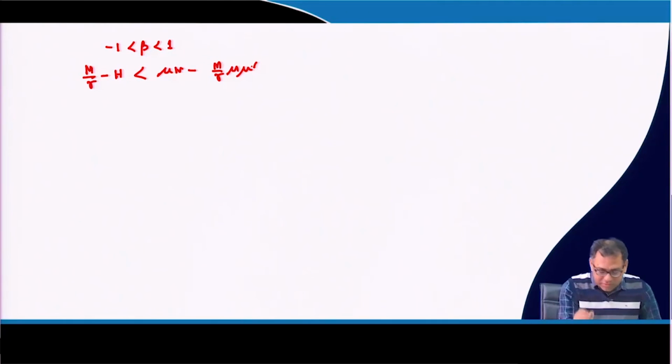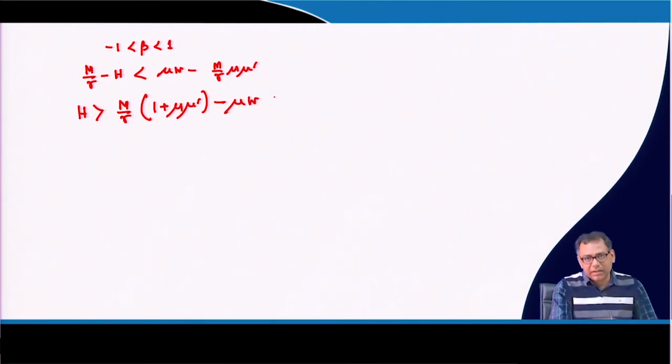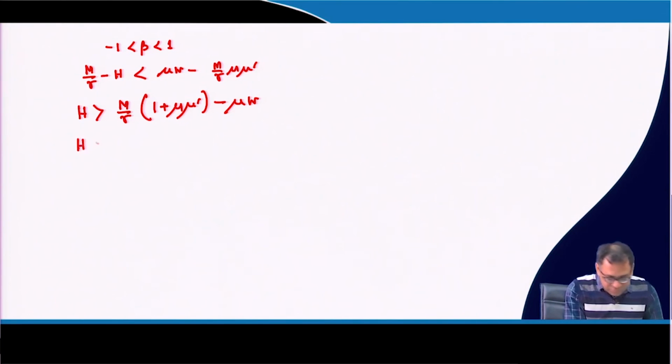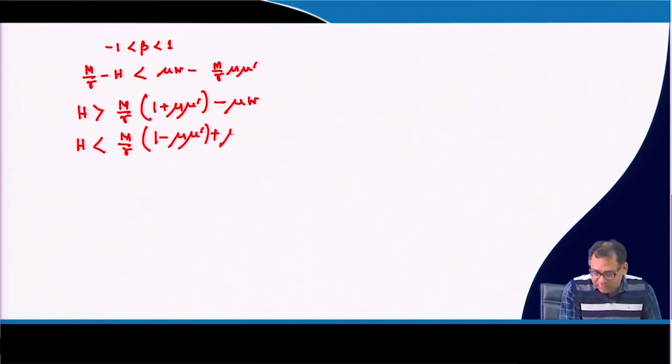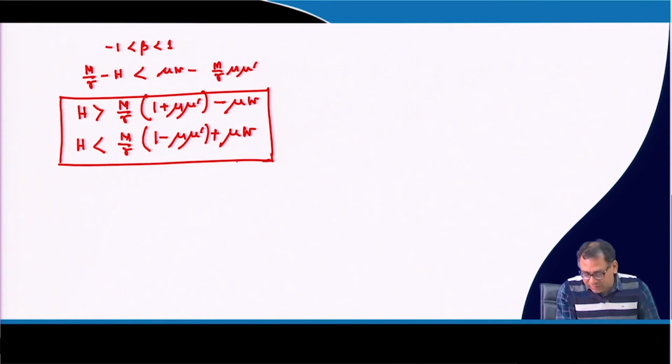So, now these two conditions. If I take this one, then I have to write that horizontal force should be greater than m by r into 1 plus mu dash minus mu w. And if I consider the other condition, because we have two conditions, then H should be less than m by r into 1 minus mu dash plus mu w. So, these are the two conditions we have to satisfy for the lateral stability of the well.